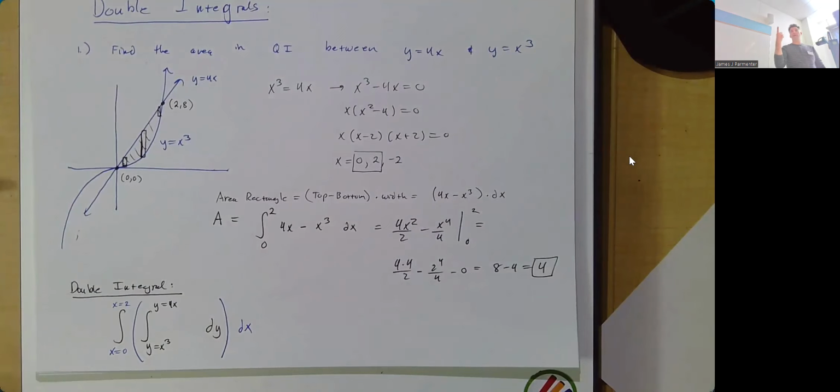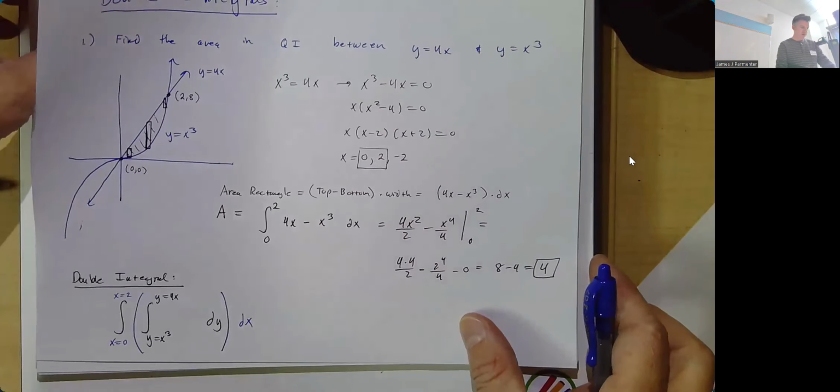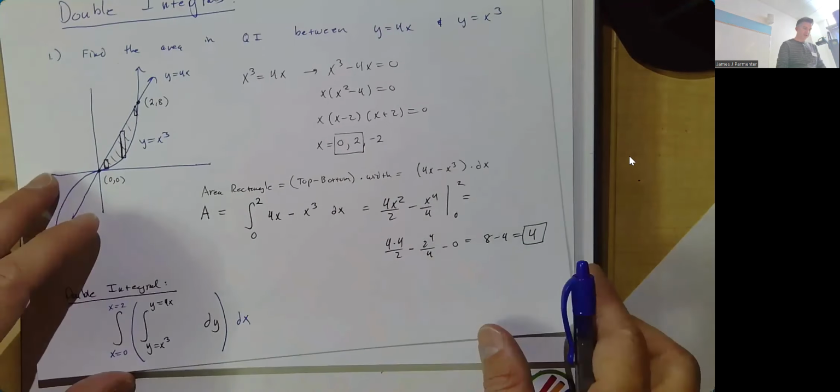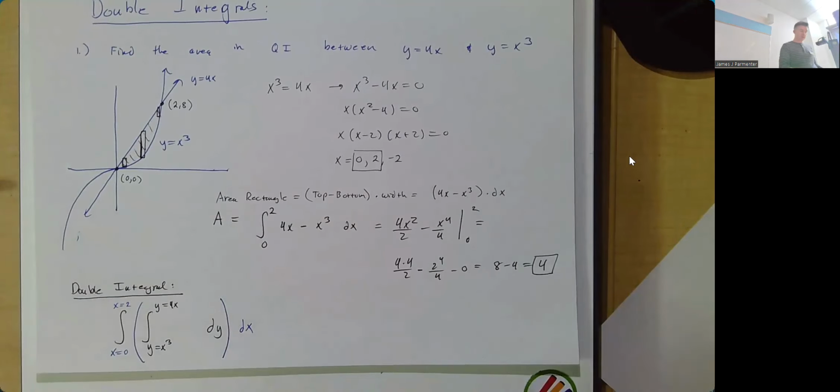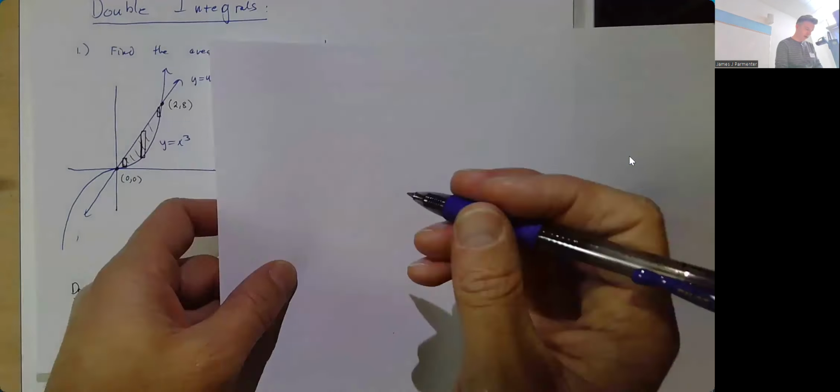We're integrating 1. So the thing here is really what you're actually finding is not the area of this thing. What you're really doing is you're finding the volume of a shape whose bottom looks like that.